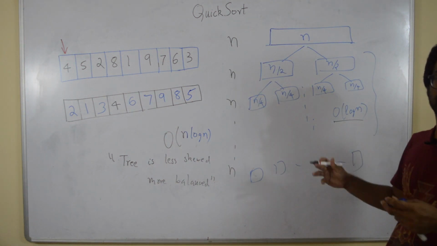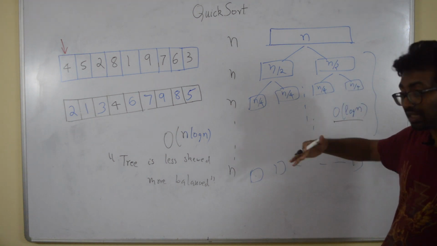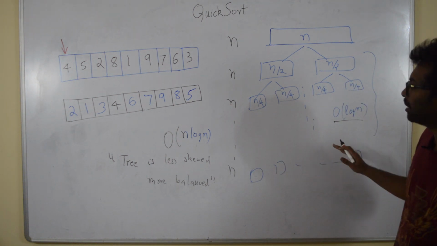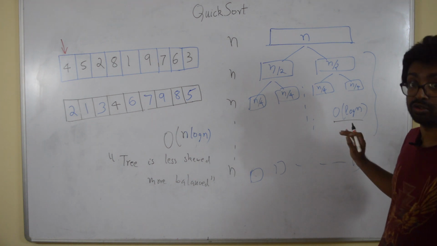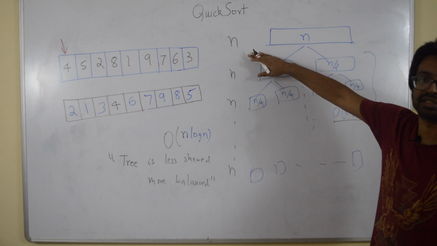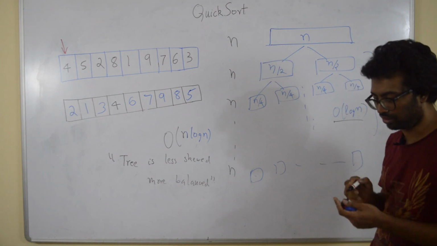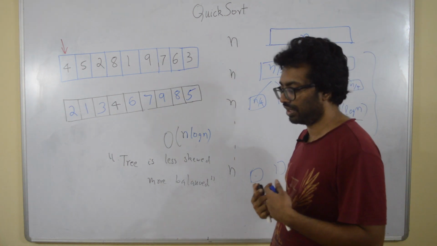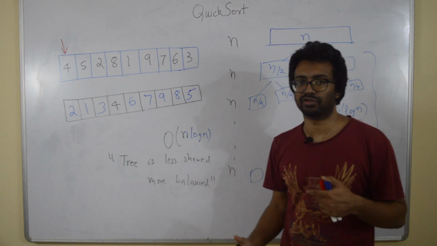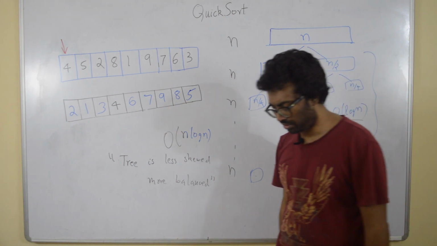It can be 2 log n on one side and log n on the other, but it's going to be order log n. Since at each level at most n steps are taken, the total running time is going to be order n log n. That's the idea behind an average case analysis of Quicksort. I hope you get what I'm trying to say.